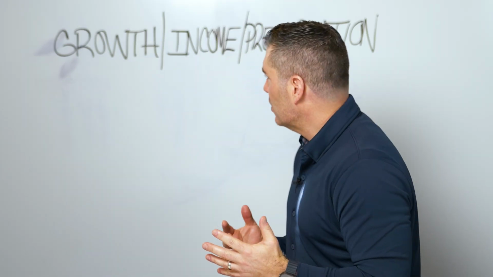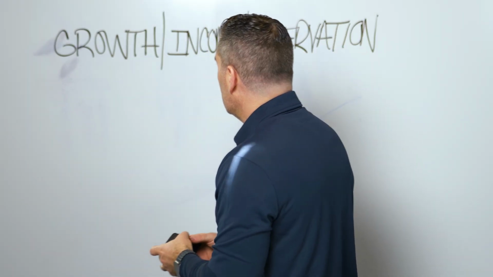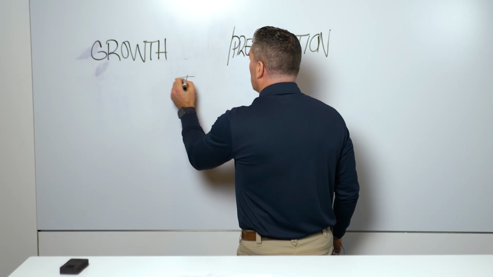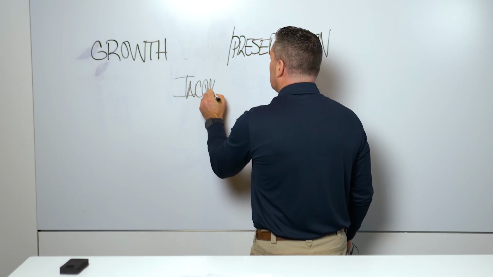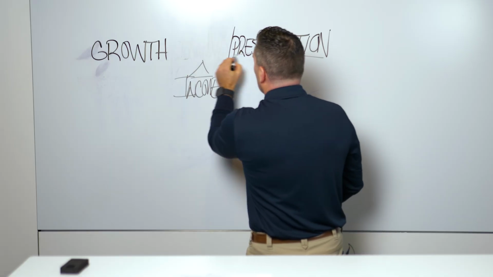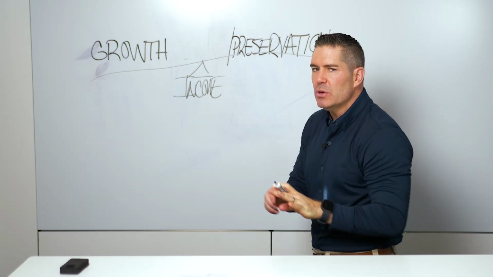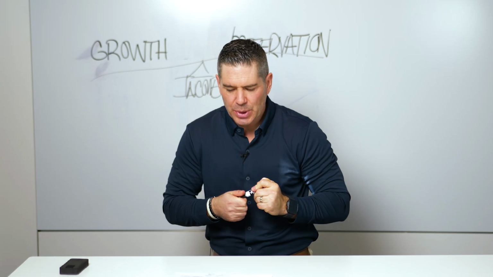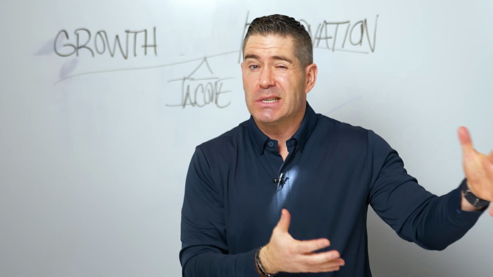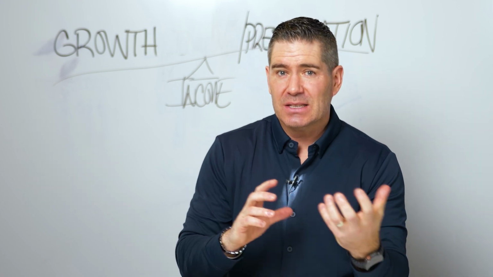Well, as I mentioned, if we really take a look at growth and income and preservation, income really becomes the linchpin, in my estimation, between growth and preservation on that teeter-totter in terms of how you want to balance those two things. If we look at income, it can be a bridge to greater growth. Historically speaking, you had stocks, you had bonds.